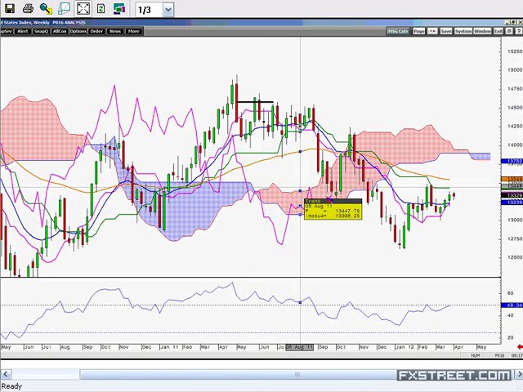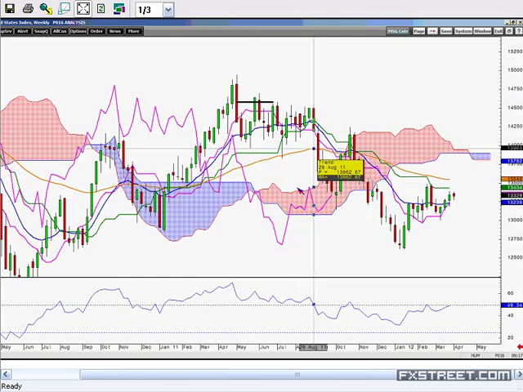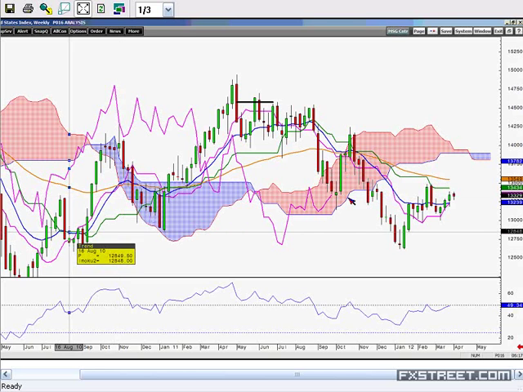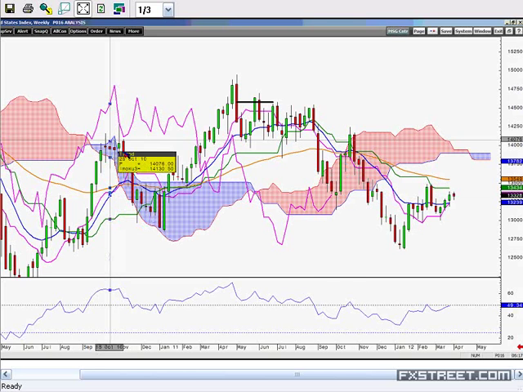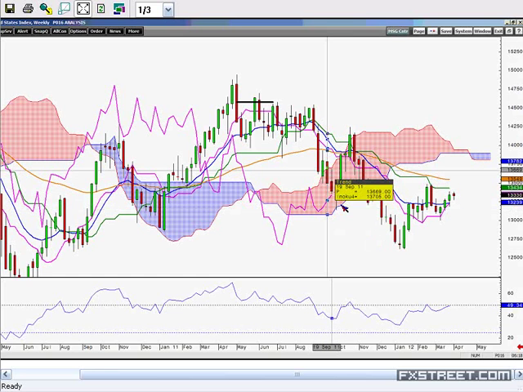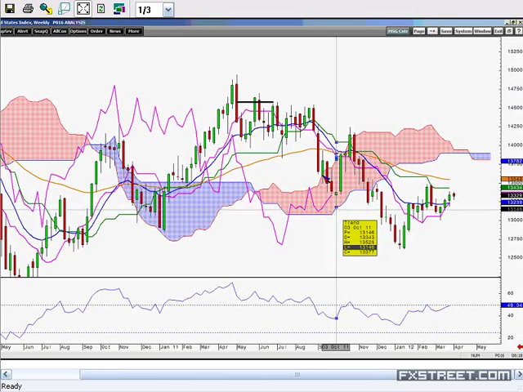The principle behind Ichimoku, without going into too much detail again, is that the cloud acts as support, or resistance to the upside. If you're attacking it from the underside, then it's resistance. Obviously, if you're attacking it from the top, then it's support. There's two lines of support, the outside and the bottom. So this is our first area of support, and this is our second area of support.